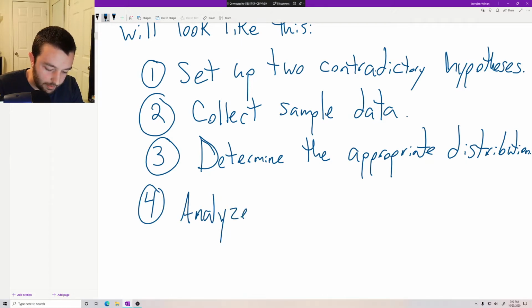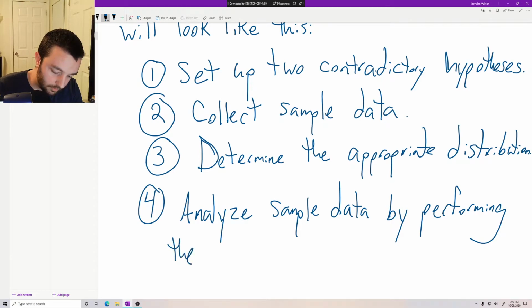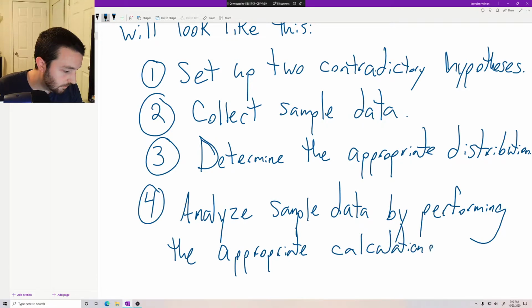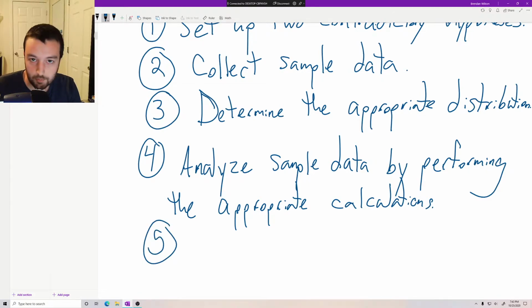Then we're going to analyze sample data by performing the appropriate calculations, which we'll talk about what those are, of course.